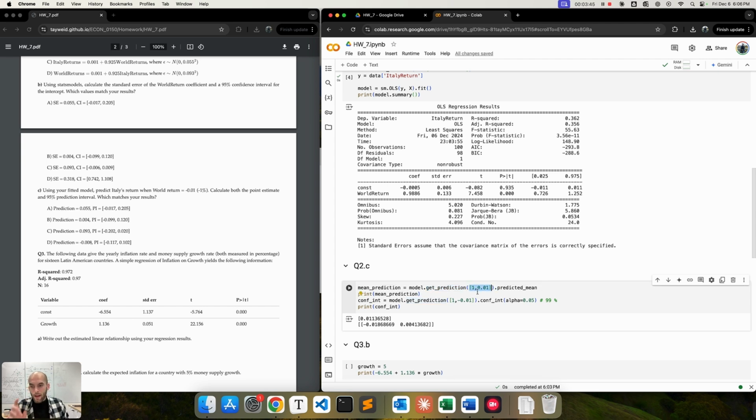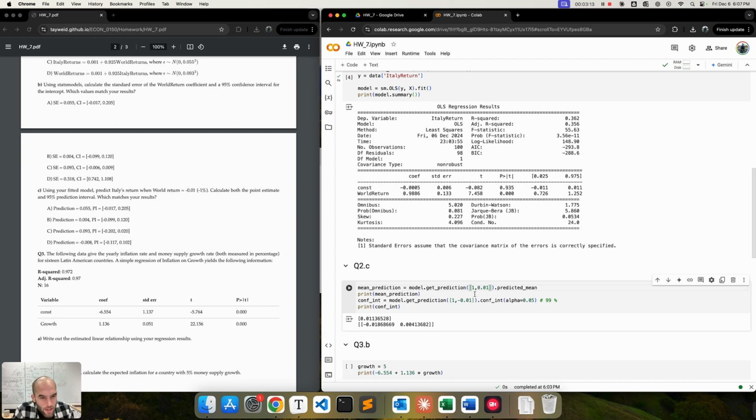One is going to be the value of the constant term. So with a 1 here, we're saying that we do want to include a beta 0. So this is our beta 0. And then we also want to put in the world return prediction. So we're looking for, what's the x variable? And that's this thing. So when you put this into your homework, you'll add a negative.